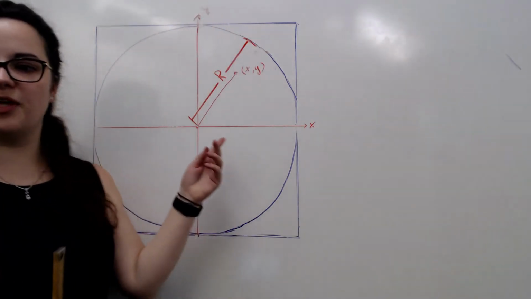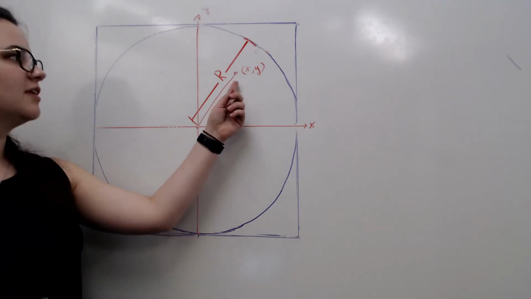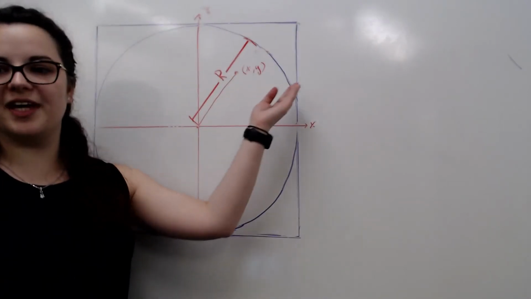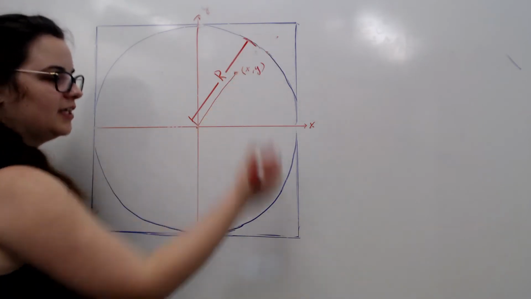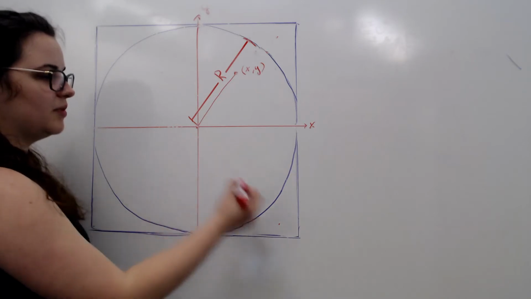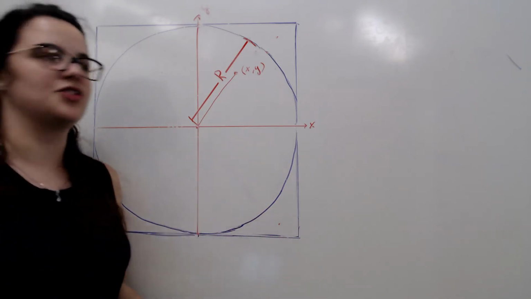If the distance from the origin to the point is less than the radius, then the point's going to be inside of the circle. If it's bigger than the radius, so if it was somewhere out here or out here, it'd be bigger than the radius and it would be outside of the circle.